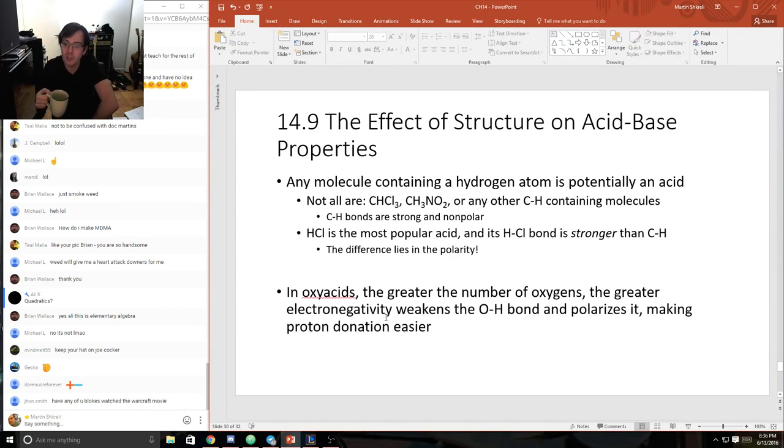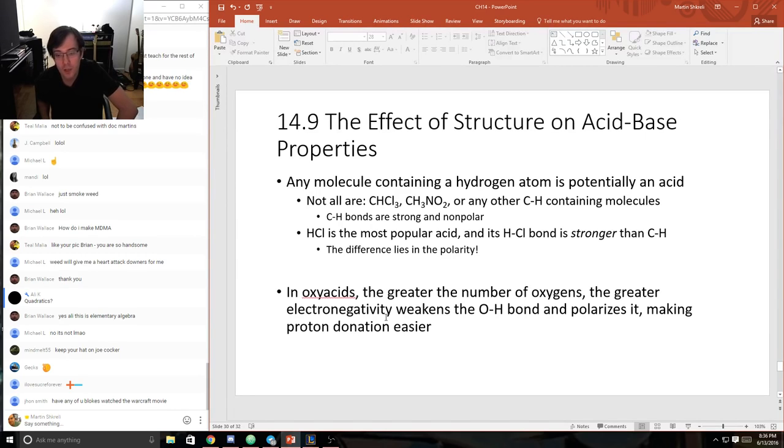If you look at some of these CH bonds, like benzene, or our favorite CH4, methane, and some of the other ones, like chloroform and nitromethane and other methyl-containing groups, these CH bonds are not going to be hydrogen donors. They're not acids. Why?